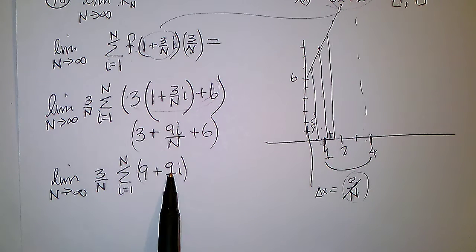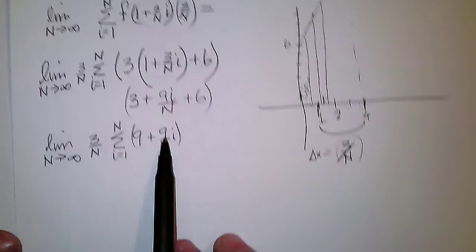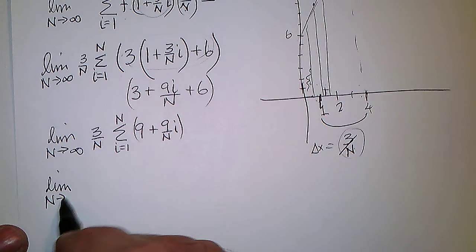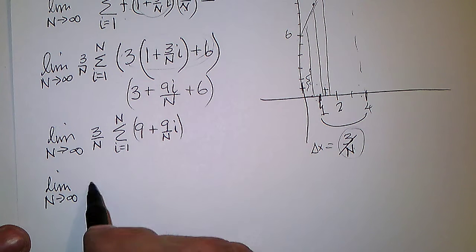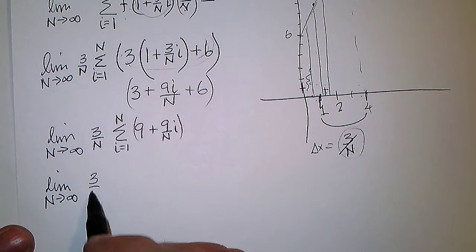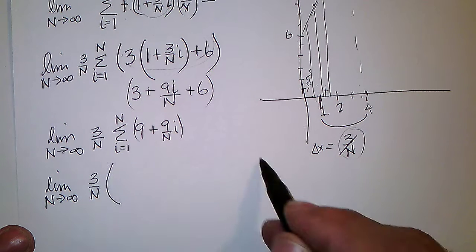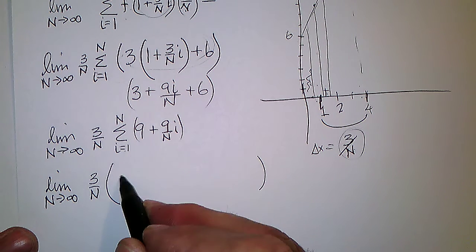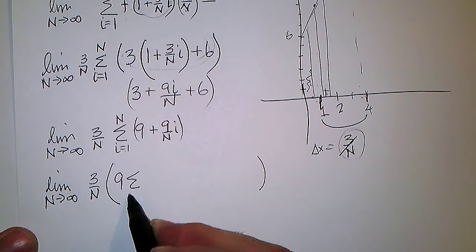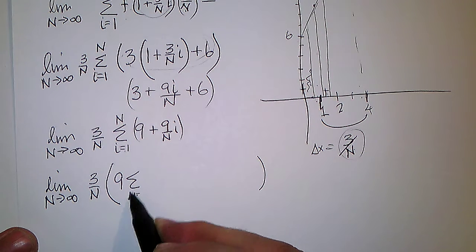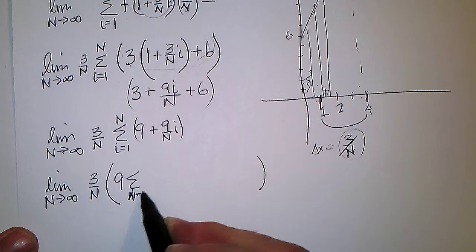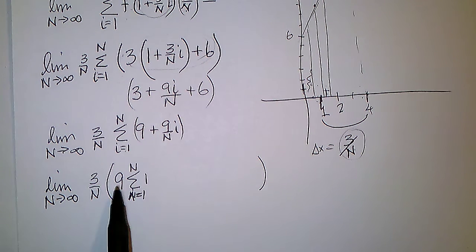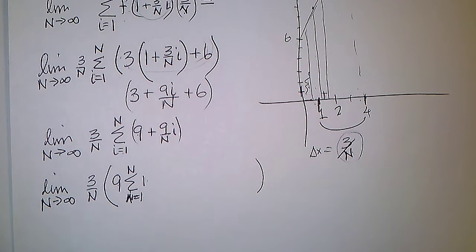Now I'm going to use formulas on these. So I'm going to have the limit as n goes to infinity of 3 over n, and I'm going to split these up. The first one is going to be 9 times the sum as i goes from 1 to n of 1. 9 times 1 is the 9.